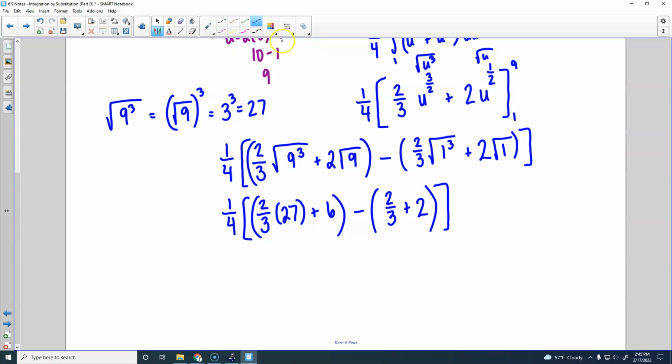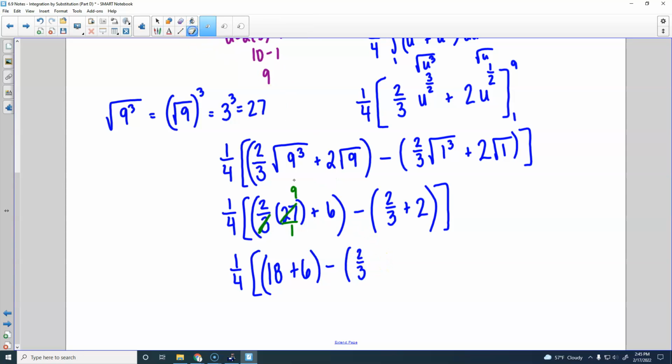And so, when we multiply that 2/3 times 27, I would reduce by 3 here and make that a 9. So you're going to get 18 plus 6 minus 2/3.